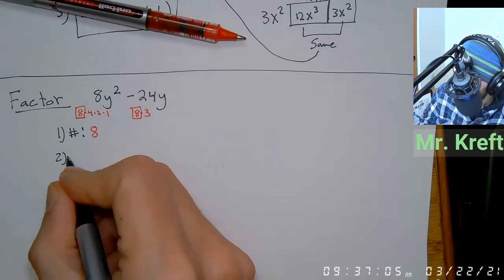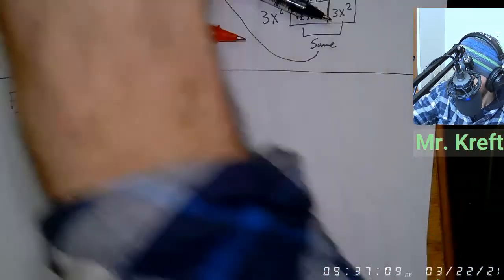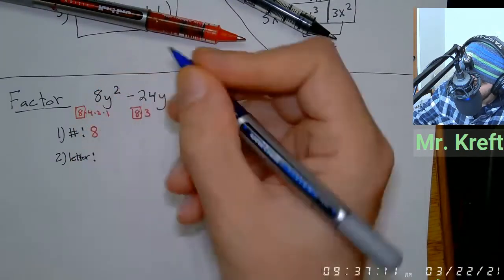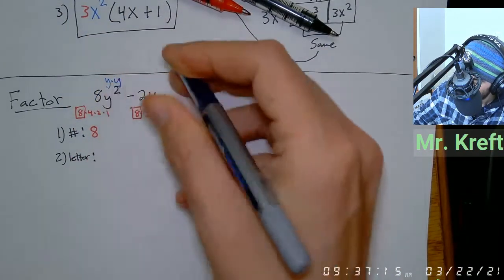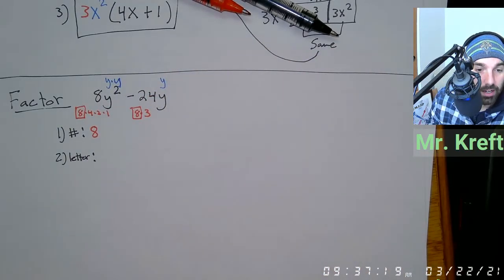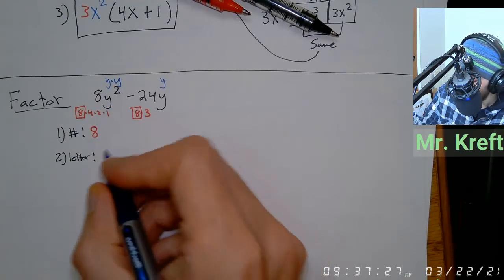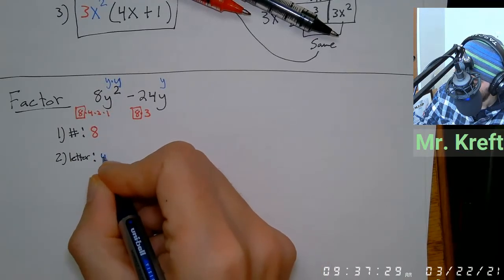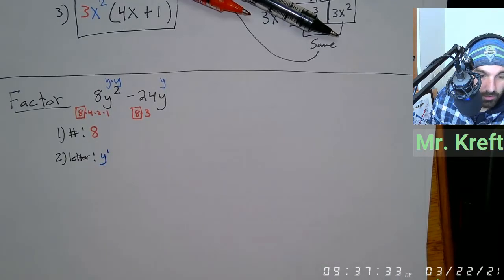And then we're going to go to the biggest letter. Okay. Now the biggest letter I have, right, is y times y here, and I have just one y here. So what's the most amount of y's I can pull out? How many, guys? How many y's can I pull out? 1, right? So it's just 1. Now, we don't normally write this, but it's just y to the 1.